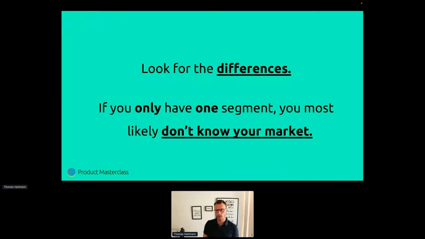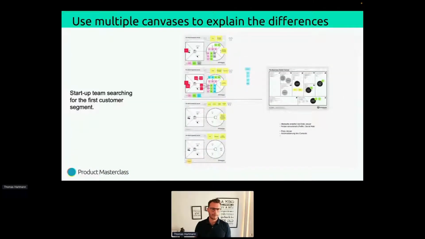Let me show you a little bit how I use the value proposition canvas with teams I help. Here we have an example with a startup team from Munich. We created multiple canvases to illustrate how we think about the different segments our solution could work for.